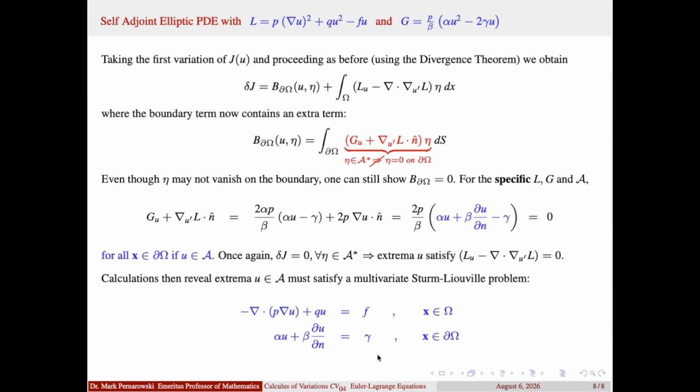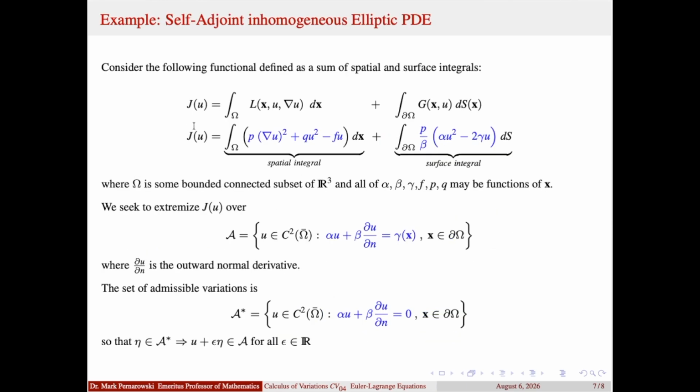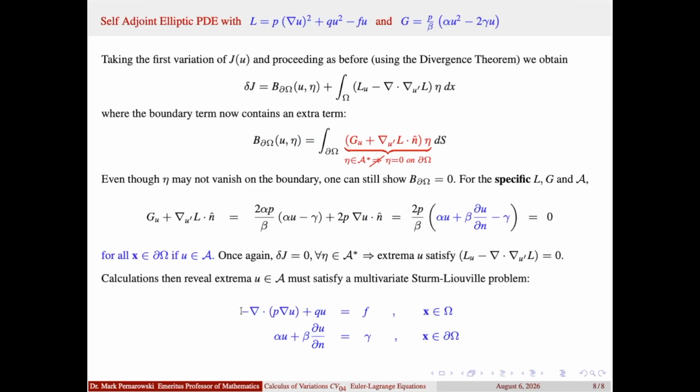What this example is actually illustrating is the fact that if you have an elliptic PDE problem like this and you want to solve it, one way of doing it is to go back and try to minimize this functional. In other words, you discretize the functional and you develop a numerical scheme that would minimize that functional. And the resulting u that minimizes that J should be a solution of this elliptic PDE problem.